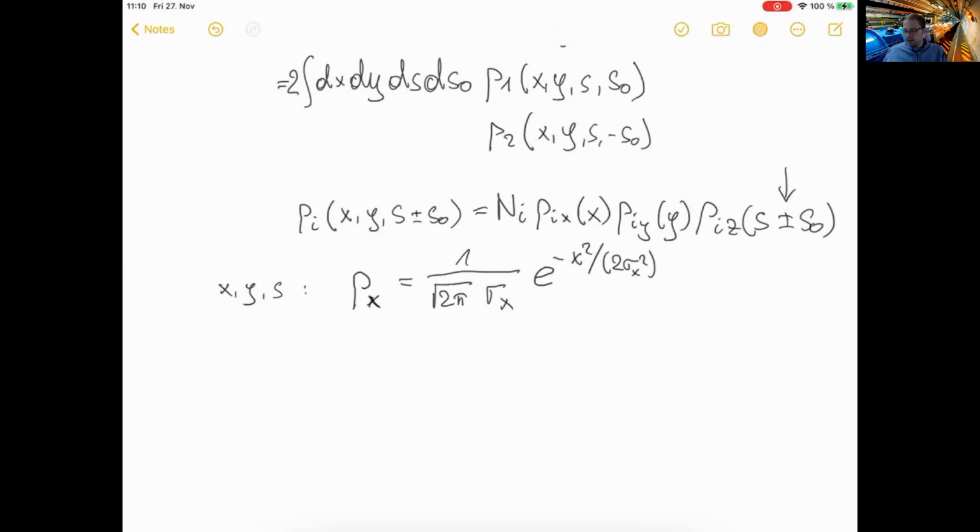So this is just the probability density function of a Gaussian or a normal distribution. We will use that the integral of this distribution is 1, which is easy to check.